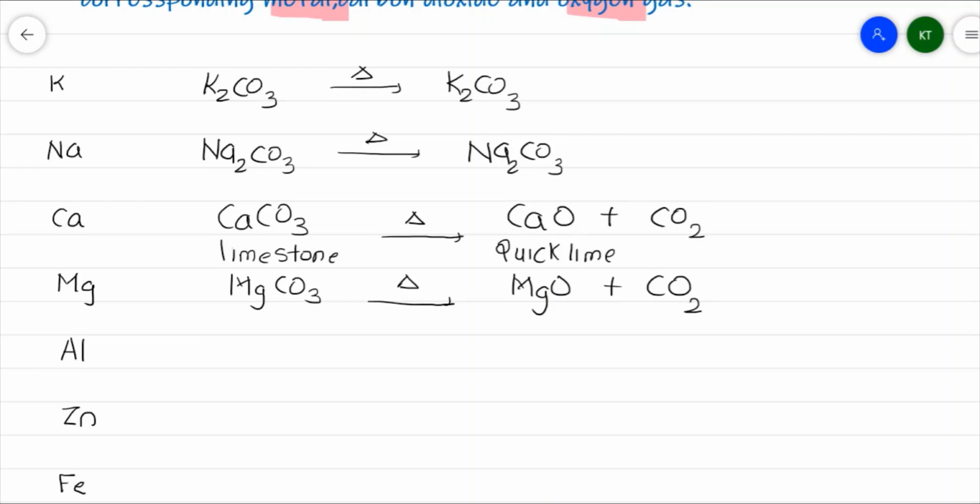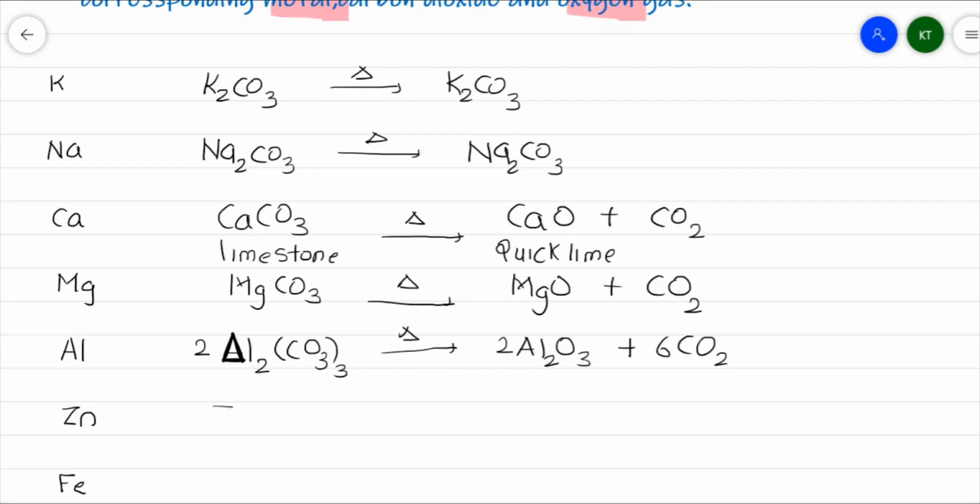Then I have aluminium carbonate, Al2(CO3)3. When I heat it, I get Al2O3 plus CO2. To balance this, I multiply by 2 here, and also by 2 there, and there are three 2s, which are 6 carbons, so I multiply this by 6.